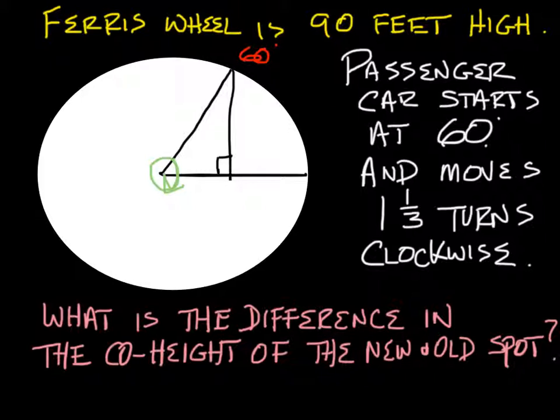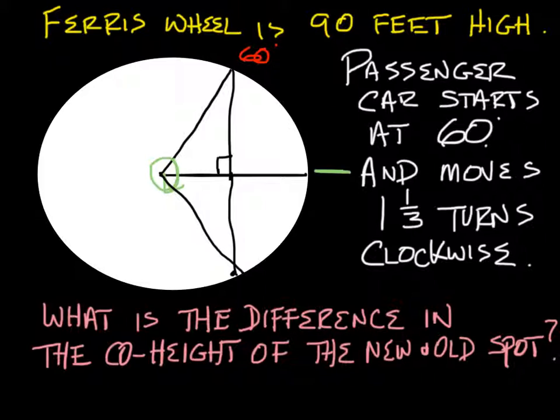A third of 360 is 120 degrees. If I go another 120 degrees clockwise from positive 60 degrees, it would take me 60 degrees to go here. And then it would take me another 60 degrees to make that 120. So I would end up out here, stopping in that new spot.